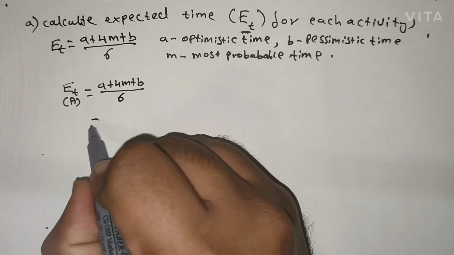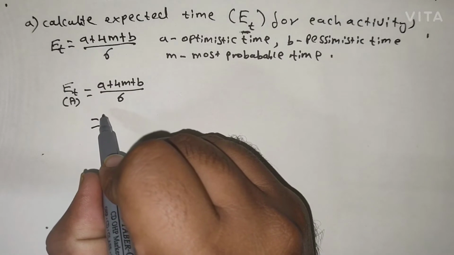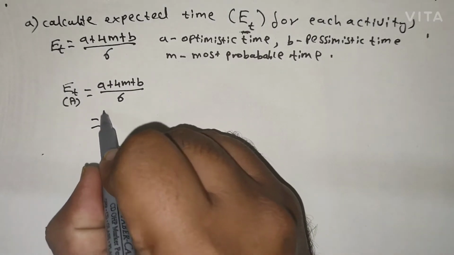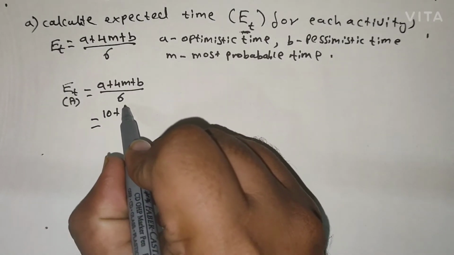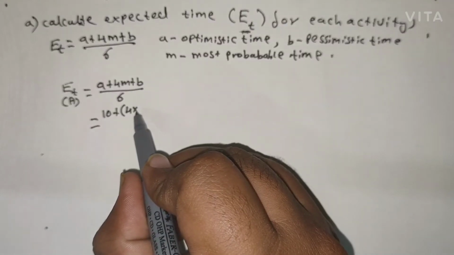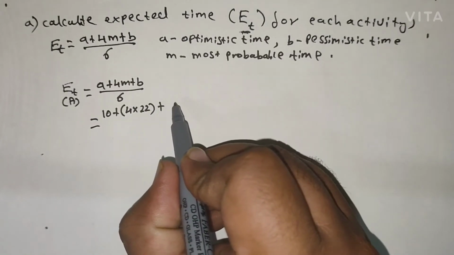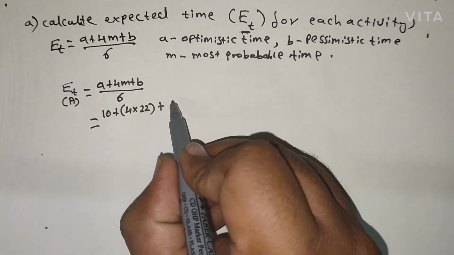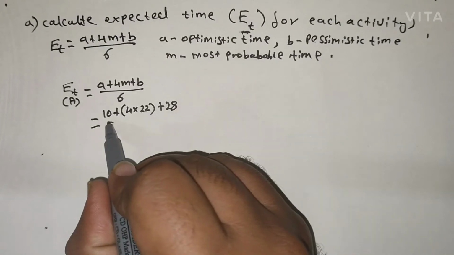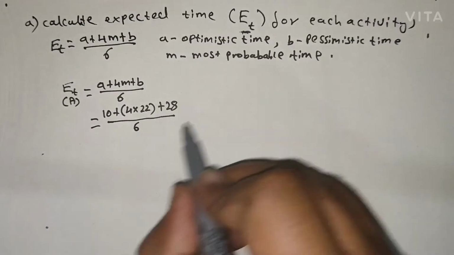If you check in the problem, what is a for activity A? a for activity A is 10, plus 4 into the most probable time for activity A, which is 22, plus the pessimistic time b, which is 28, divided by 6.